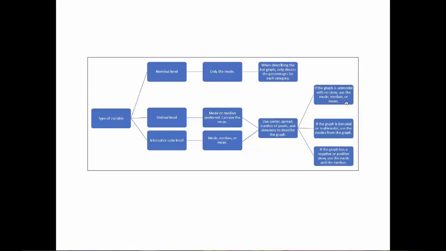If the graph is unimodal with no skew, use the mode, median, or mean, as they are all fine to use because they will likely have similar values. If the graph is bimodal or multimodal, use the modes from the graph. If the graph has negative or positive skew, use the mode and the median.